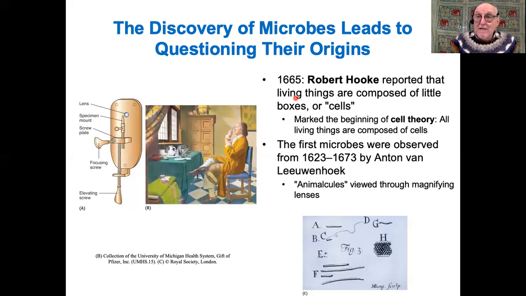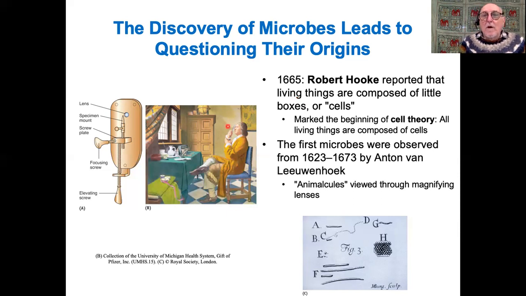And contained within the cell is hereditary material. The early workers knew nothing about that. So this is the beginning of cell theory. Robert Hooke, seeing these cells, began to make the assumption that all living things, in fact, were composed of these little building blocks of the cell.